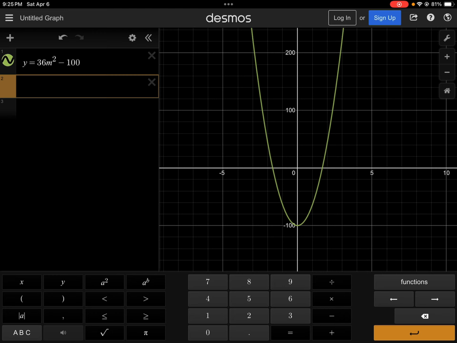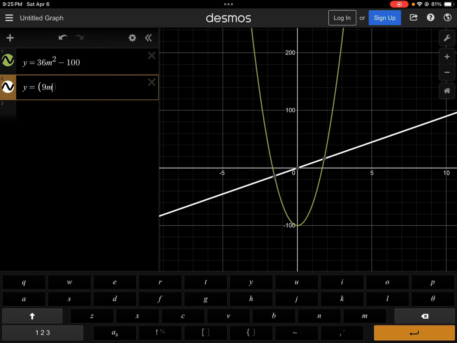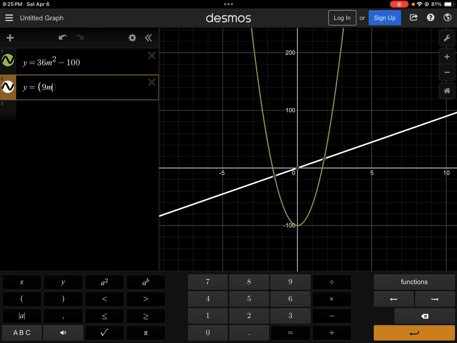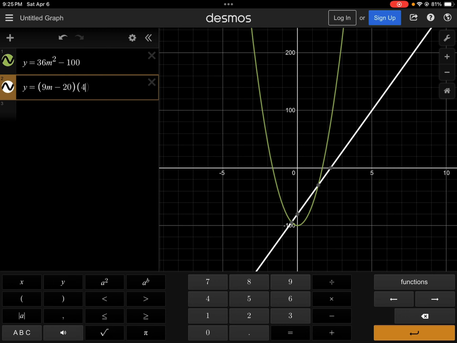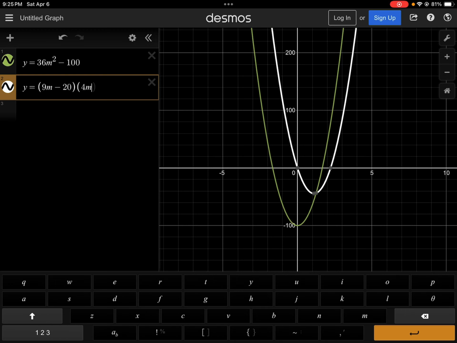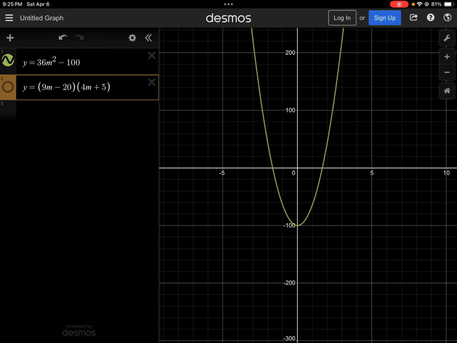First option, y equals parenthesis 9m minus 20, closing parenthesis, opening parenthesis, 4m plus 5, closing parenthesis. Now we look at the graphs, they don't match, so it's not it.